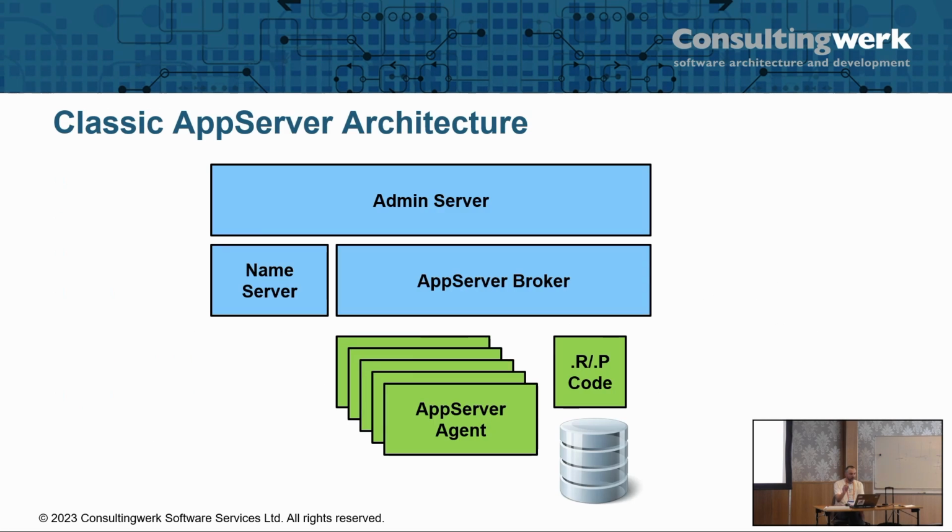So, right, a little bit of history. In the good old days, when we wanted to run an app server, we needed an admin server, a name server, an app server broker that would run several agents, and those agents would run .r or .p code.